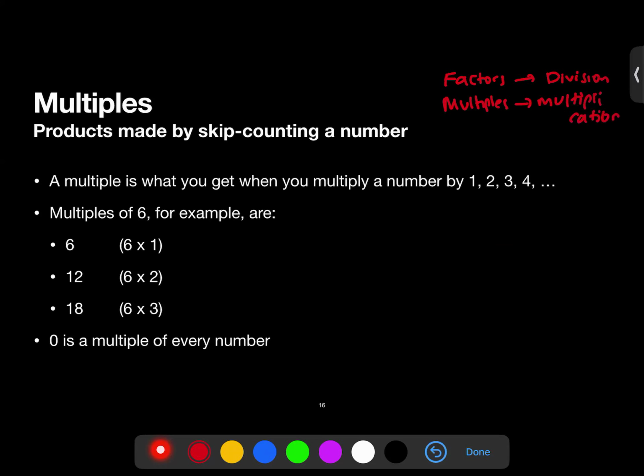So a multiple is what you get when you multiply a number by these numbers. Can someone remind me what are these kinds of numbers? Remember the categories, correct? Natural numbers. Remember, natural numbers are counting numbers, so 1, 2, 3, 4, and it does not include 0, so no 0.